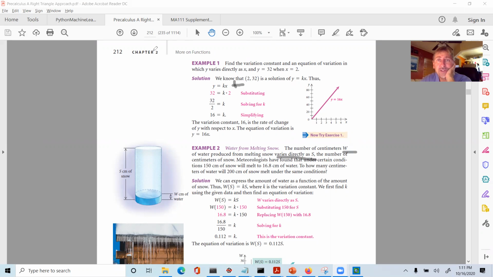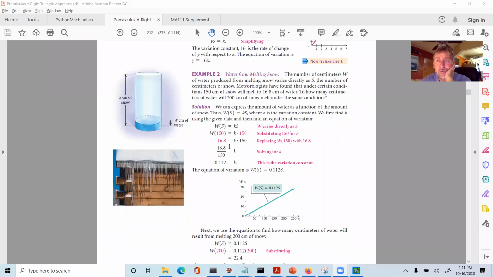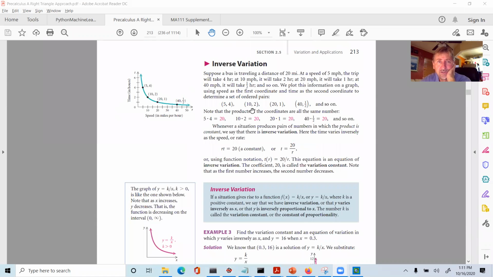Okay, alternatively, we have indirect variation or inverse variation. Inverse, so that means here we have the speed in miles per hour versus time. So suppose a bus is traveling a distance of 20 miles.